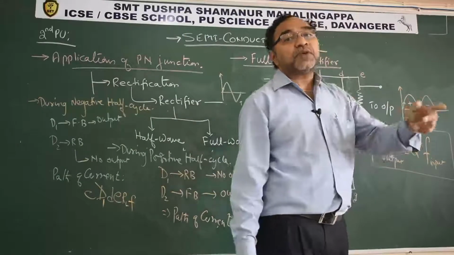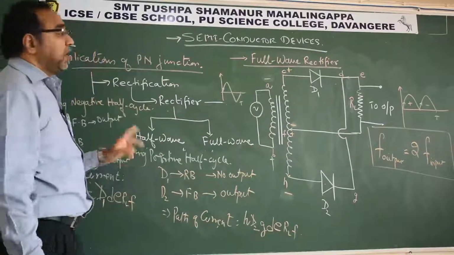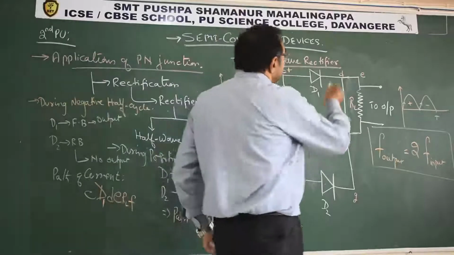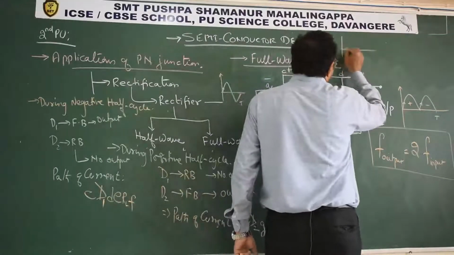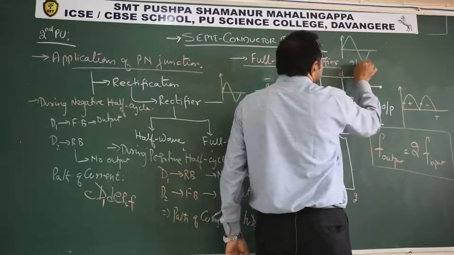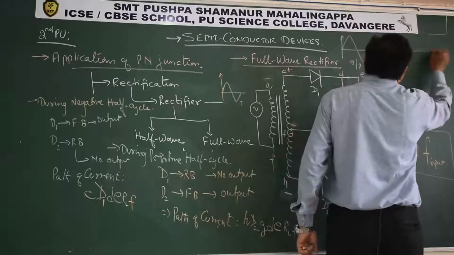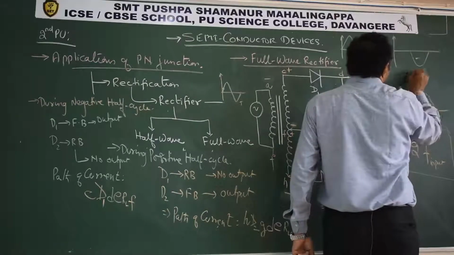And if you observe, in case of a half wave rectifier, if you remember, we had an input wave like this. This was our input, and what kind of output did we get? We got an output like this. This is our output wave.